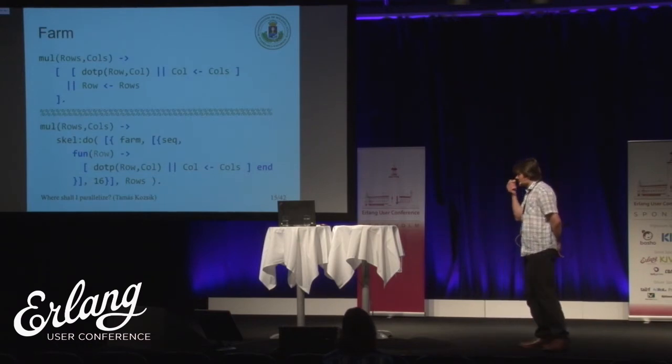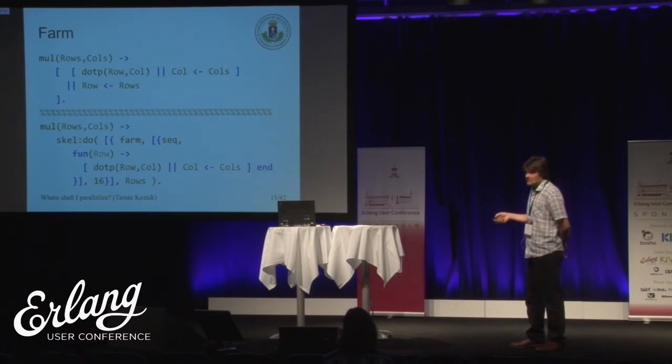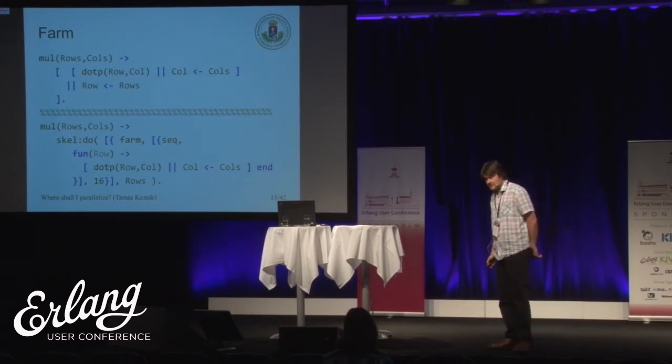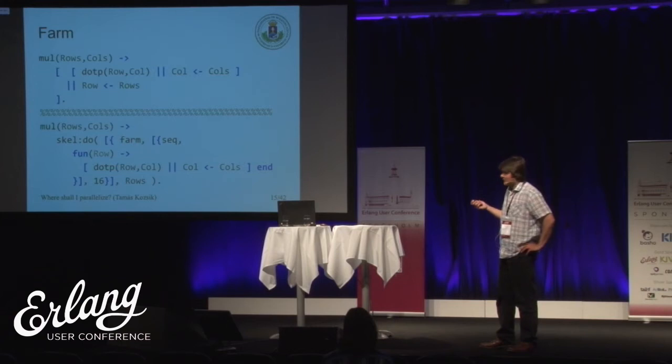For instance, if we take this multiplication function, we can introduce a farm which allows us to compute each row of the resulting matrix in a separate worker. So the code is actually quite similar. It didn't change a lot. The main computation is done here. This is how I compute a row in the output.